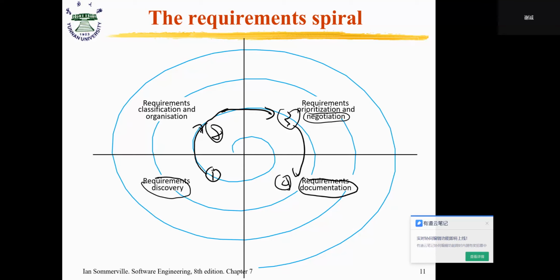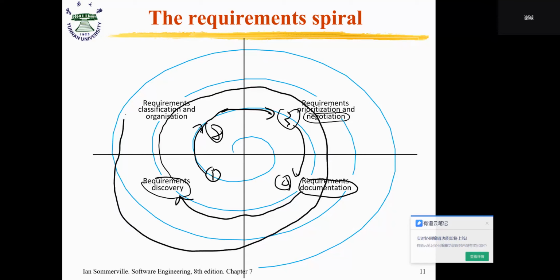Then you find your specification, your documentation is not complete, or it's not good. Then you will go into discovery again, to find some modifications. You go through these activities again, iteratively.